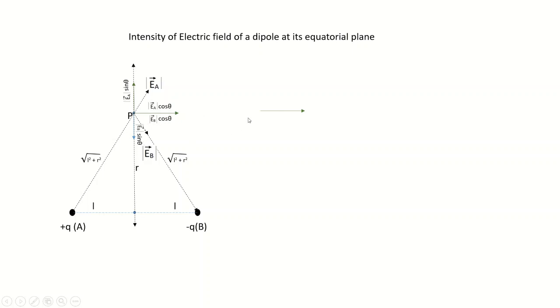Now as you can see, both the EA and EB cos theta are along the same direction, hence we have to add these two components. And similarly, both EA sin theta and EB sin theta are oppositely directed, hence it should be EA sin theta minus EB sin theta.